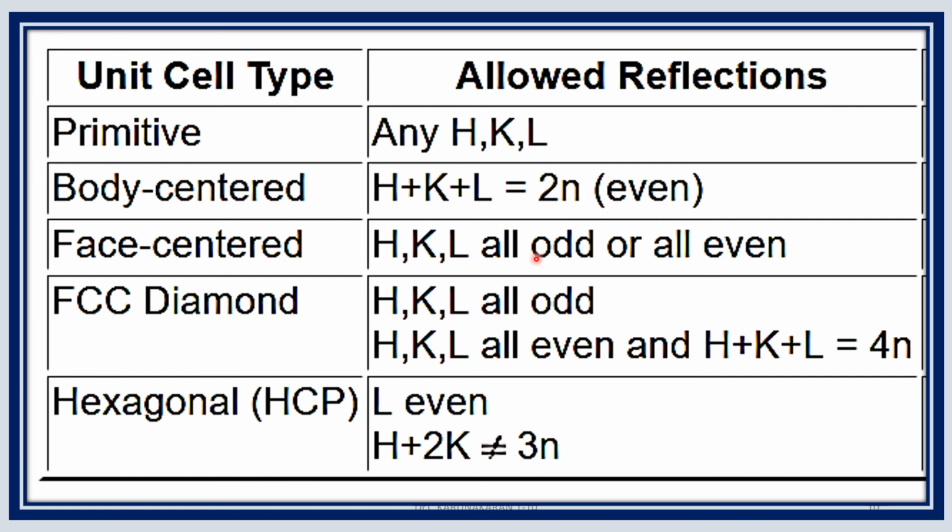For face-centered, hkl all odd or all even. Similarly for FCC diamond cubic and hexagonal close packing. These are the allowed reflections. From the powder XRD spectrum, the unit cell type can be obtained.